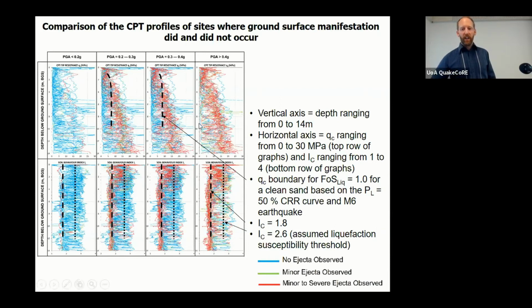What is interesting is that as we increase the shaking intensity, in areas where the shaking intensities were a lot higher, greater than 0.4 G, we see far fewer blue lines appearing on the page and more red lines. So even these interlayered sites of sands and silts are starting to liquefy. When the shaking intensity gets high enough, things do start to liquefy.